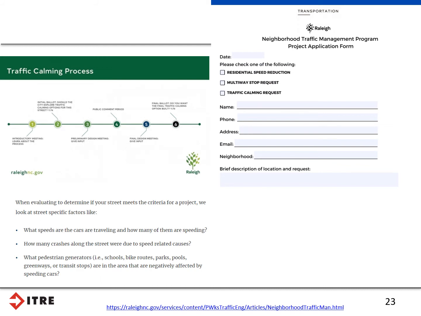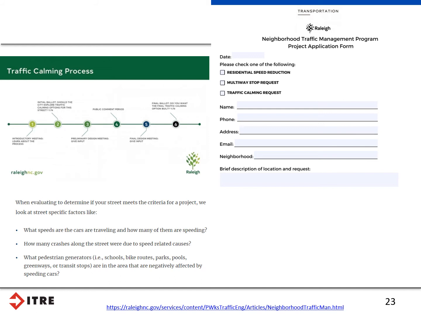Here's an example from Raleigh of a full traffic calming process and an application form that people can use to communicate potential issues, describe the problem, and they share a lot of information about what are some of the things they're looking for, what are the specific factors. So they're looking for speeds of the cars that are traveling and how many of those are speeding. They want to look at the crash history. They want to look at pedestrian generators in this larger process that's going to seek feedback from the residents.